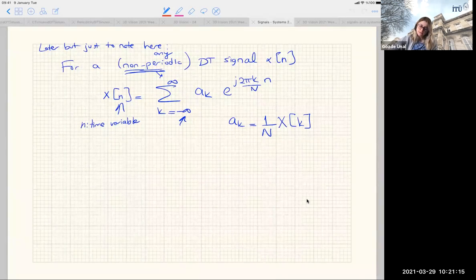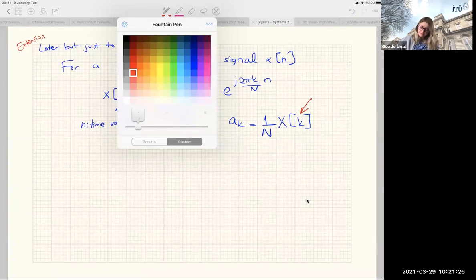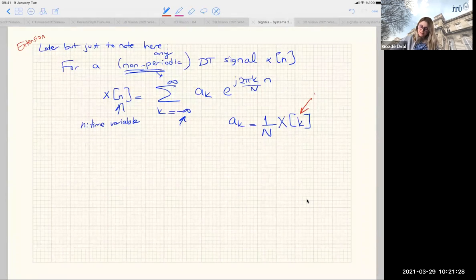So let's see. This is just an extension, but we'll do this later. The k is really our frequency variable here, the discrete version.